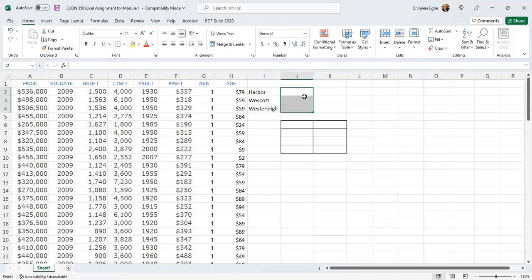And then the next question I asked was, would you consider that the average price of houses is the same in all three neighborhoods? Would you conclude that the average price per square foot of houses is the same in all three neighborhoods? What I had expected the class to do was to use my example where I calculated the average age to also calculate the average price per square foot and also the average price.